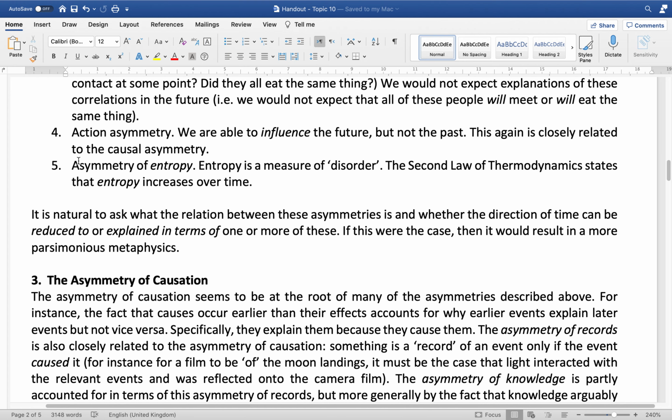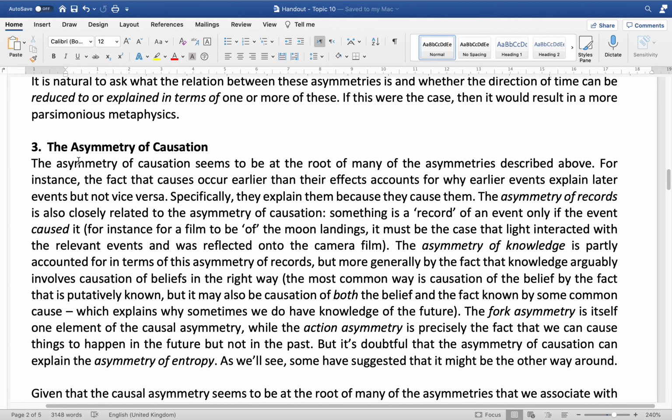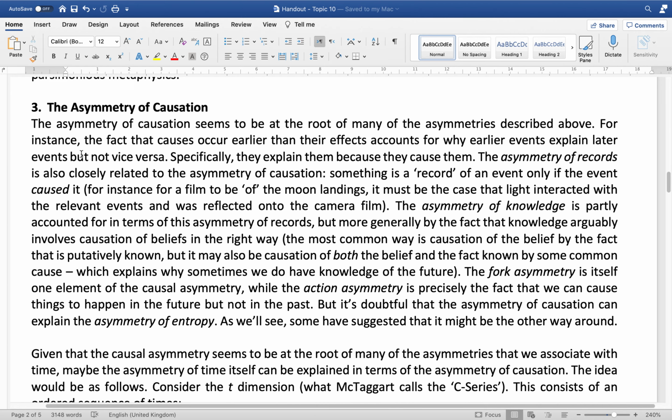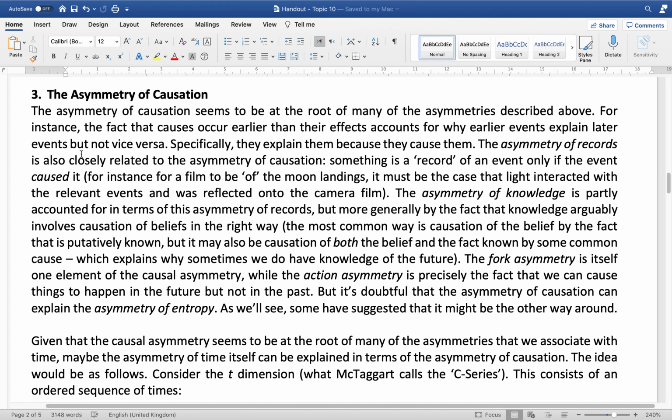Now, a promising bet might seem to be the asymmetry of causation, because we've already seen that the asymmetry of causation seems to be at the root of many of the other asymmetries mentioned above. So the asymmetry of records, for instance, we noted, seems to be related to the asymmetry of causation.